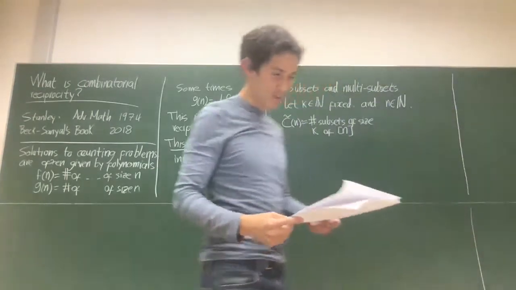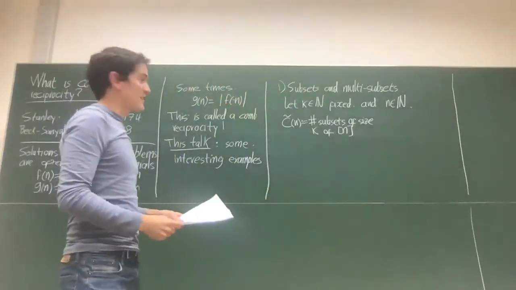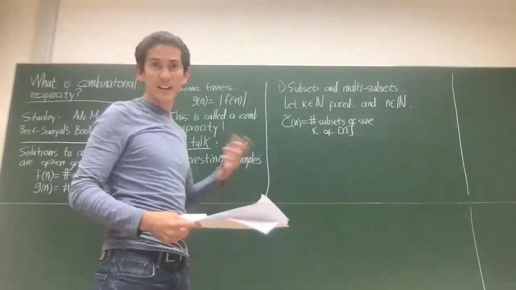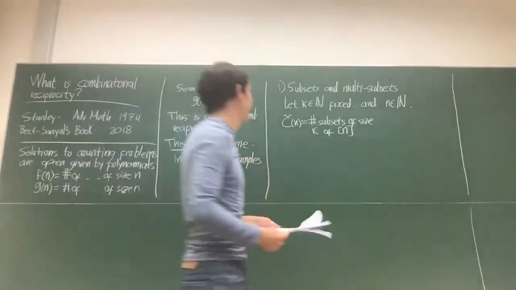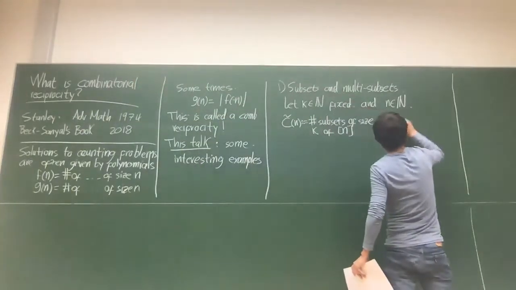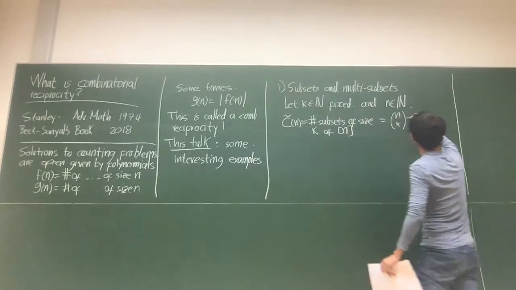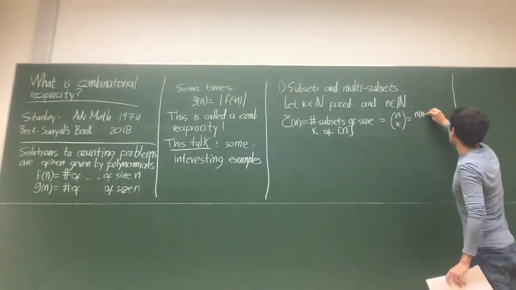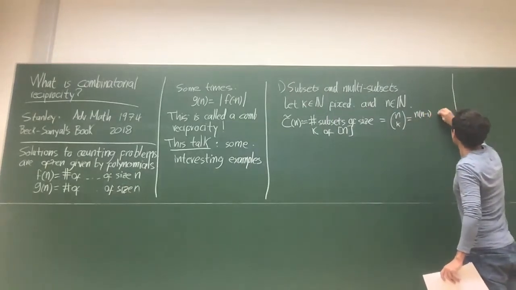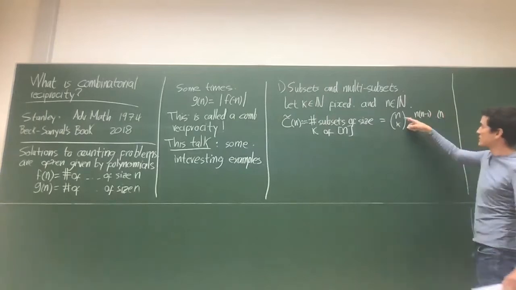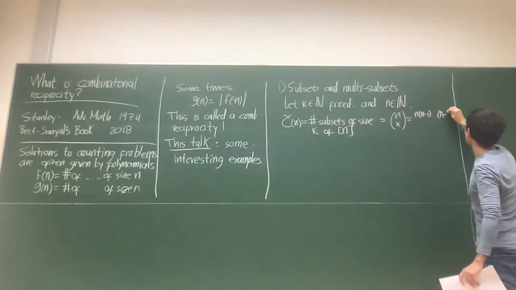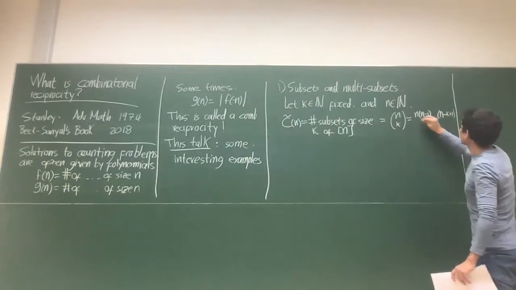And this is, of course, very easy. This number is given by n choose k. It's equal to n times n minus 1, and so on, down to n minus k plus 1, divided by k factorial.